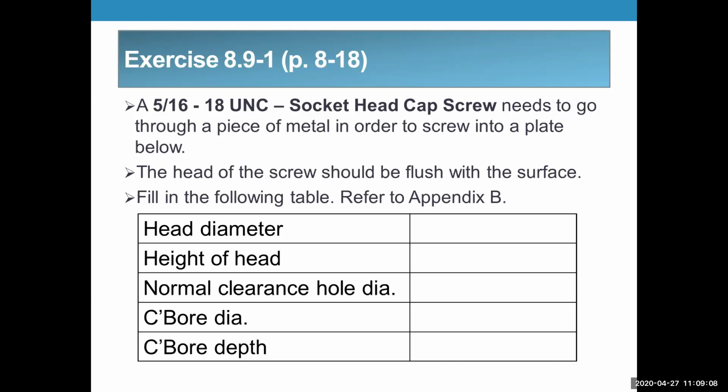So if the bolt is 5/16, for a socket head cap screw, it should be 10/16 or 5/8. Does that sound right? It does. Okay, well, let's see if we're right.